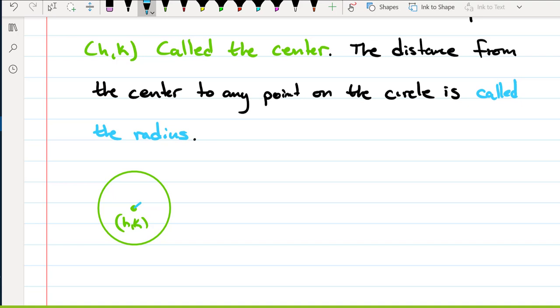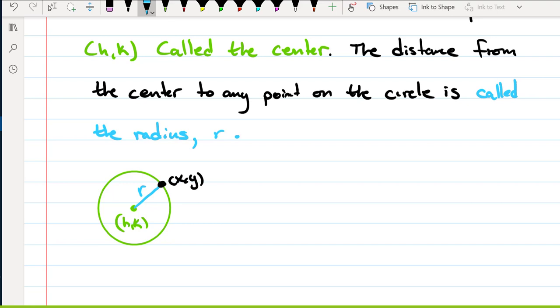And then our radius is the distance from any point on the circle to the center, x comma y. And we're going to denote our radius with the symbol r.